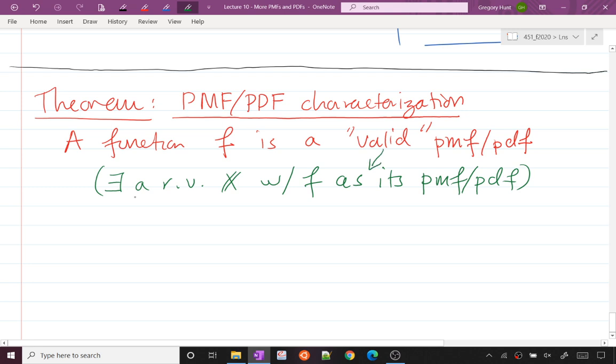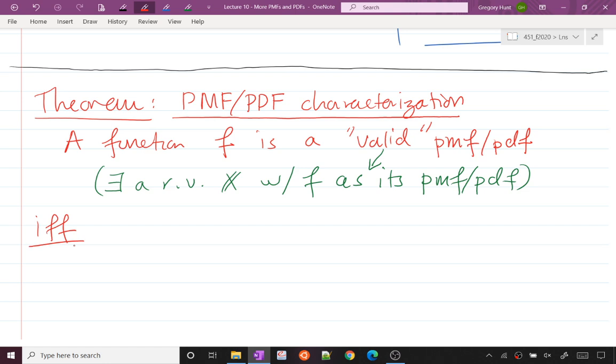So another way to phrase this is that if I have some function f, is there a random variable with f as its PMF or PDF? And that is true if and only if some conditions hold. So we had a very analogous theorem for CDFs. We said, if these conditions hold, this thing is the CDF of some random variable.